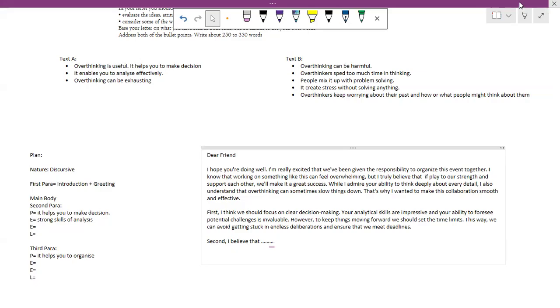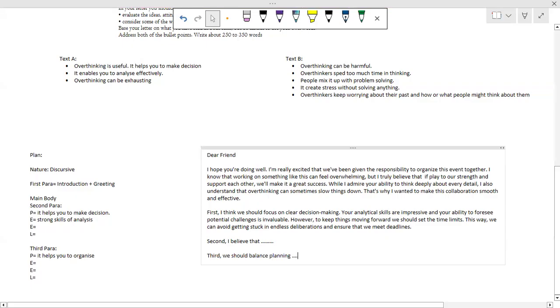Now, the next connective word that I'm going to use is thirdly, or the third. We should balance planning, right? And you can continue this paragraph accordingly. If you want to come up with a fourth paragraph, the one in my mind is about communication, right?